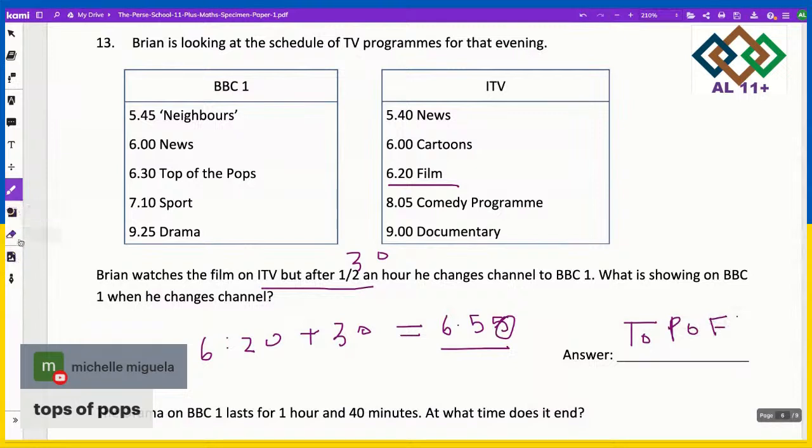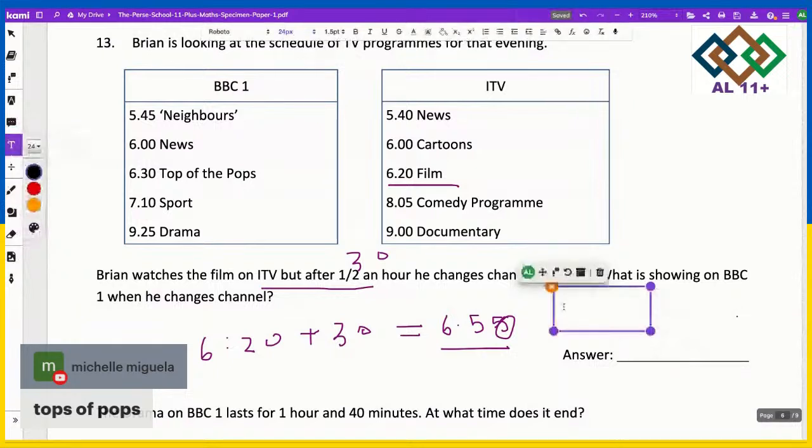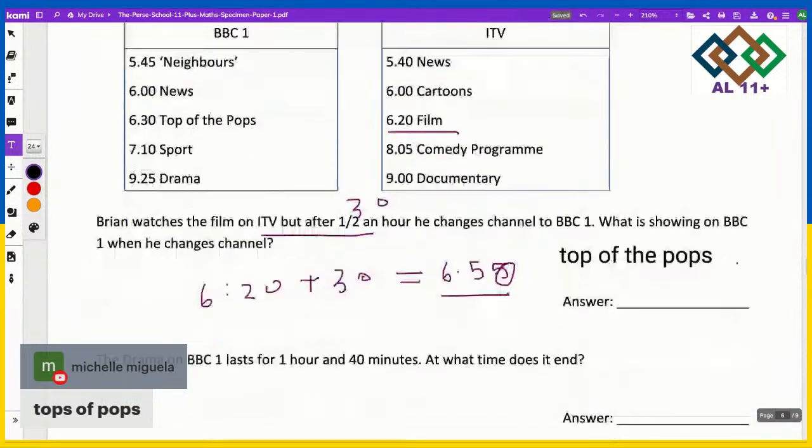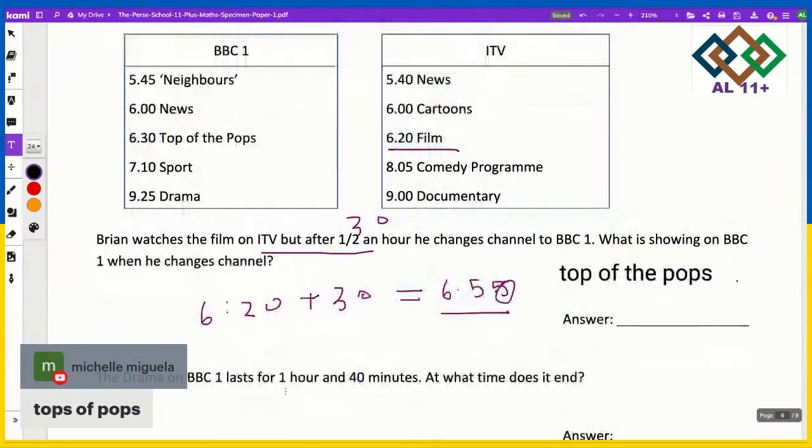Let's write it down here so that we don't get confused. He will be watching top of the pops. So he'll be watching this program. And the drama on BBC One lasts for 1 hour.